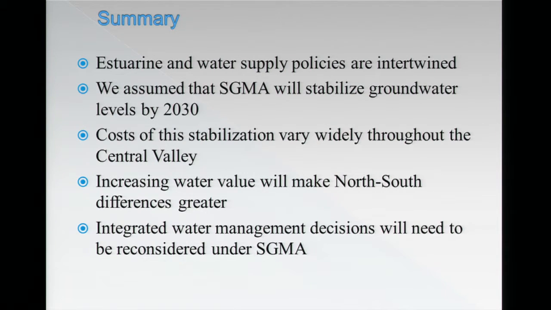The costs of this vary tremendously throughout the valley, and the increasing water value will make the north-south differences in terms of both water and economic gradients greater. And this means that integrated water management decisions will need to be reconsidered under SGMA, because the scarcity and the availability of water is going to change quite substantially.